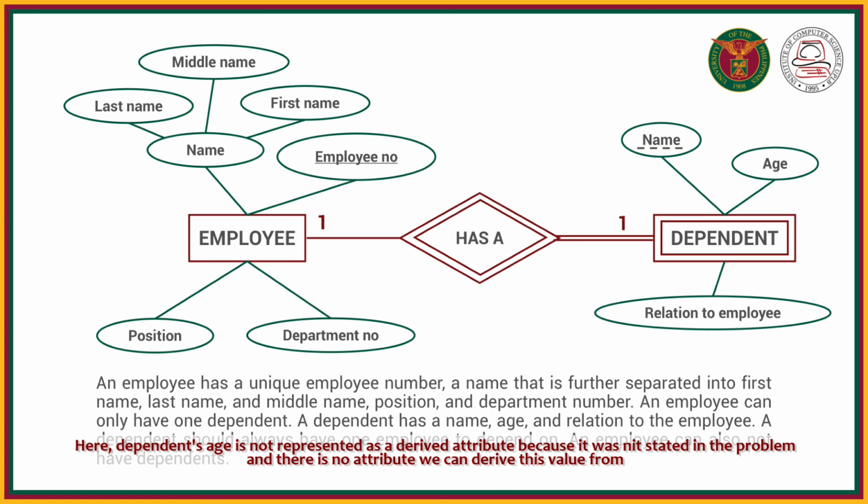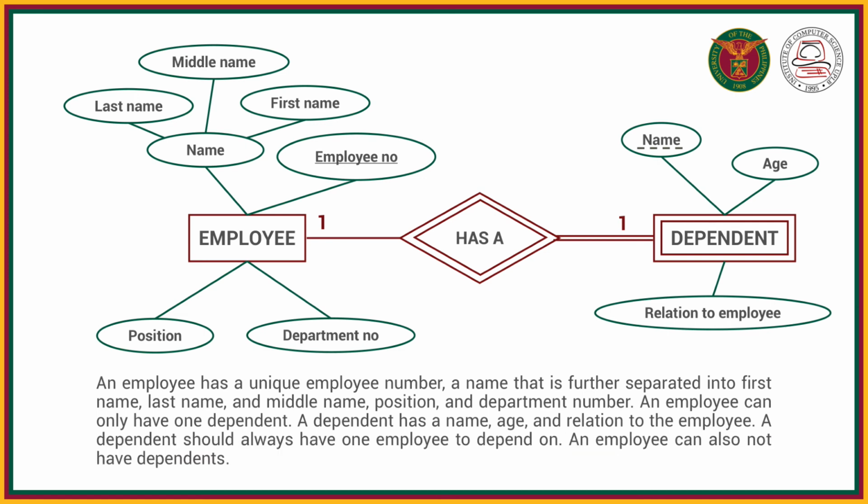And since, based on the problem, dependent is a weak entity due to the statement that a dependent should always have one employee to depend on, and an employee can also not have dependents. So we can say that this is a weak entity. So we can specify the name as our partial key in this case.